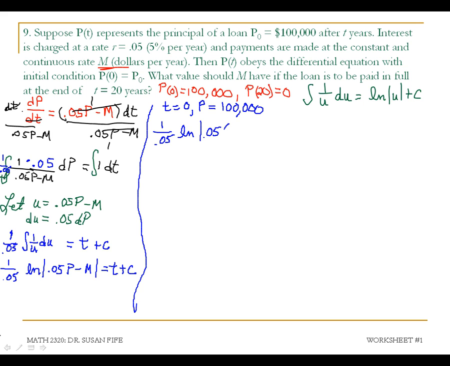0.05 times P, 100,000, minus m is equal to t, that's 0, plus c. So on the right side I have c, which tells me that the left side of the equation is the value for c.